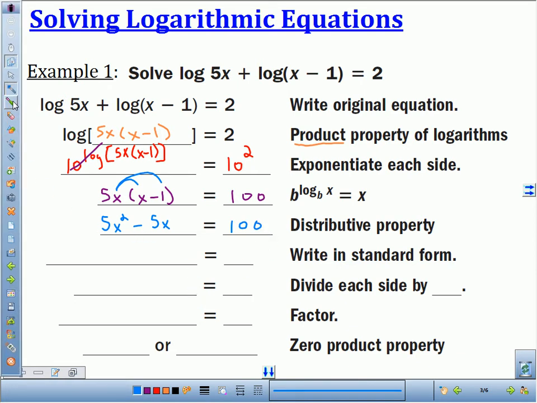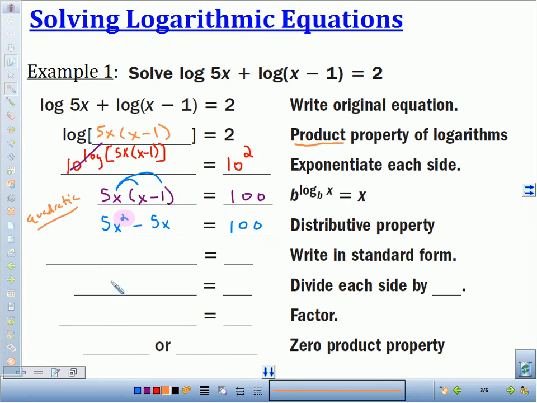Now you should notice that I'm looking at a quadratic equation. This is a quadratic equation, because I have a square term there. So now, since this is a quadratic equation, I have a better blueprint of how to solve it.